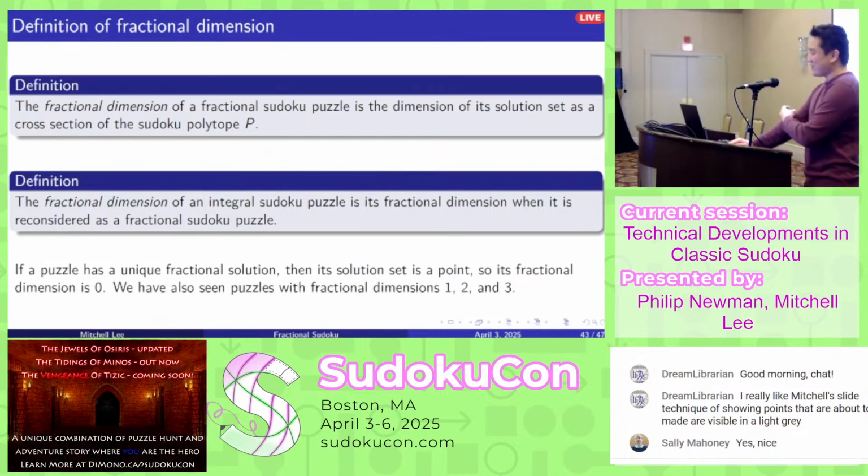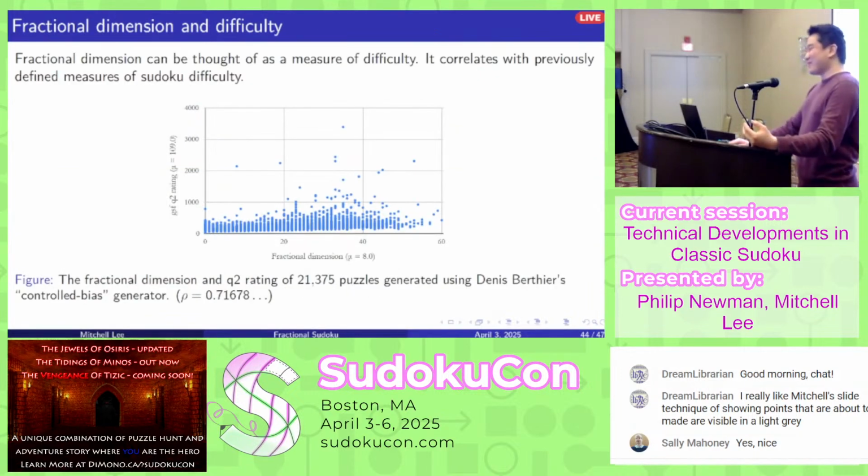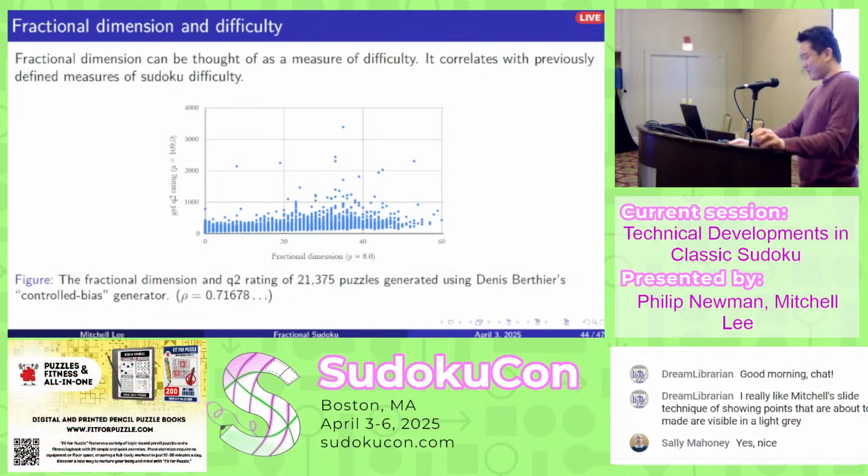And we've also seen puzzles with fractional dimensions 1, 2, and 3. And one of the things that Philip is going to talk about is how fractional dimension is one way of classifying how difficult a puzzle is. And it correlates quite strongly with previously defined measures of Sudoku difficulty. For example, the GSF-Q2 rating.